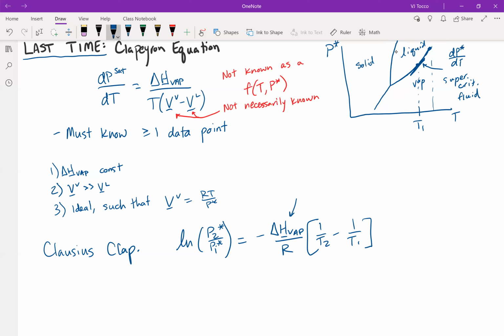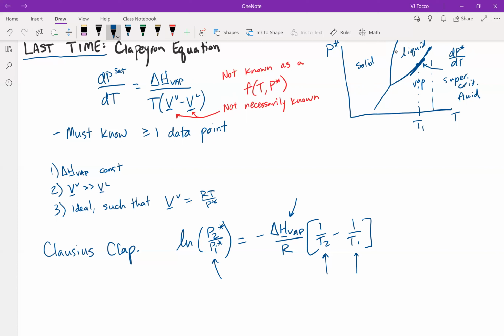You have to be given a value of initial temperature and target temperature. You have to be given that one data point. Remember, I said we had to know at least one thing. So we have to know what the vapor pressure is at temperature 1. R is, of course, the gas constant, which you could always look up. So you need to have these 4 pieces of information, and this will allow you to solve for vapor pressure at some given temperature 2 that is of interest to you.